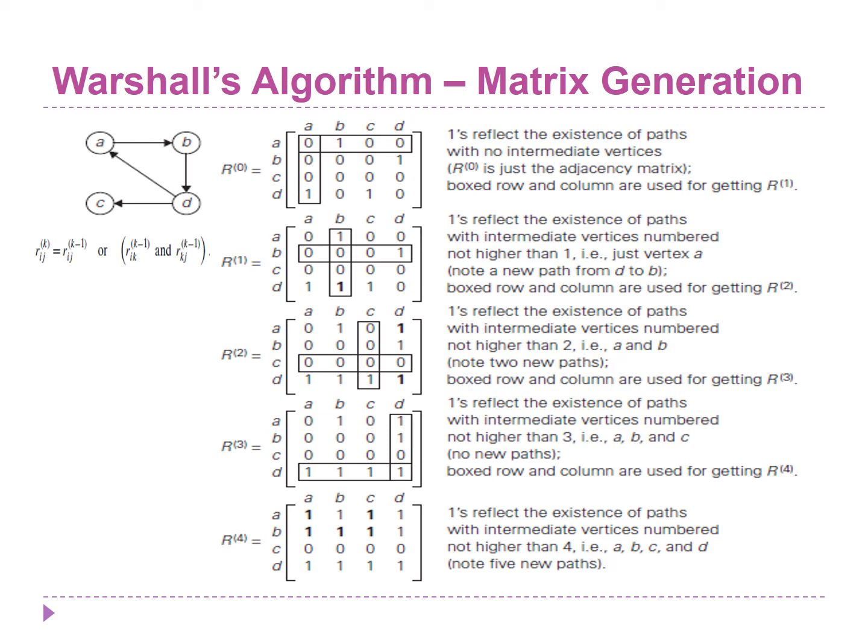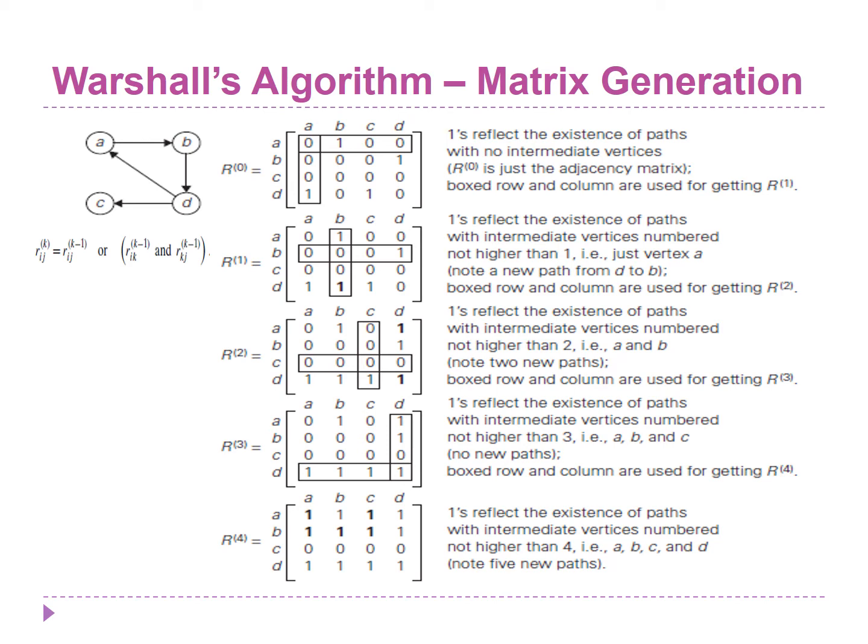In R3, ones reflect the existence of path with intermediate vertices numbered not higher than 3. The boxed row and column are used for getting R4. R4 is the transitive closure of the given directed graph.